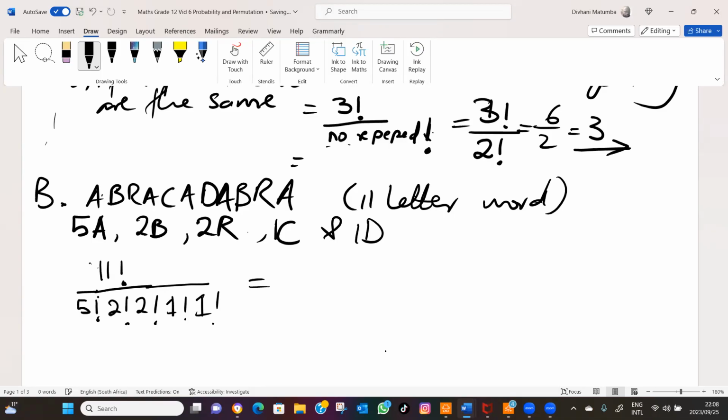We're multiplying all these factorials. The answer of this will be 83160.